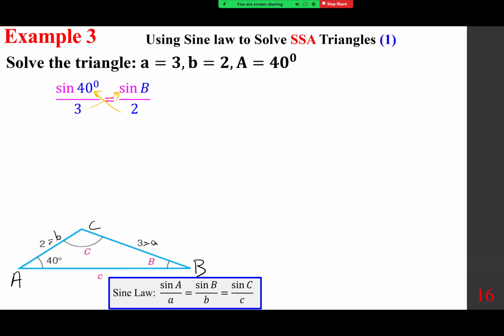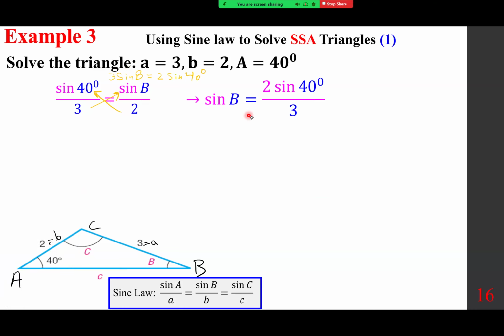But let's write that 3 sine B is 2 sine 40. And therefore, sine B is 2 sine 40 divided by 3. We should be able to go from here to here.